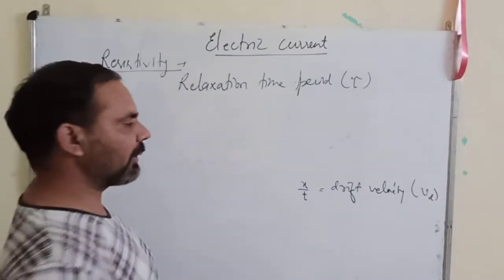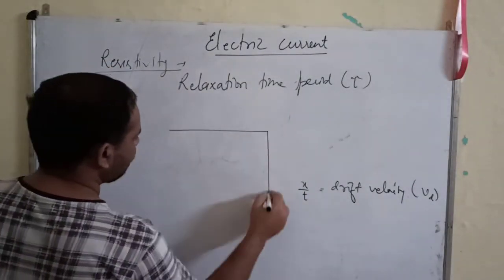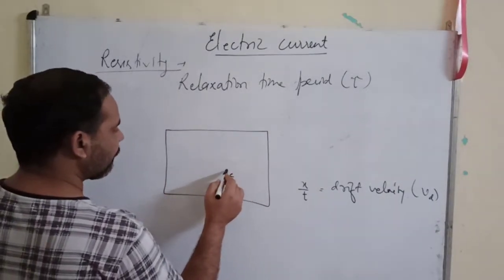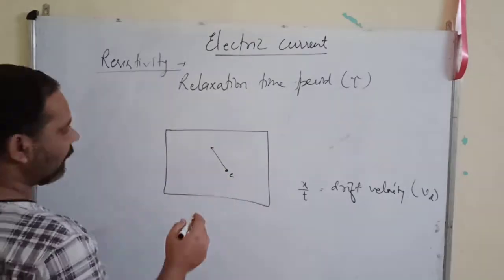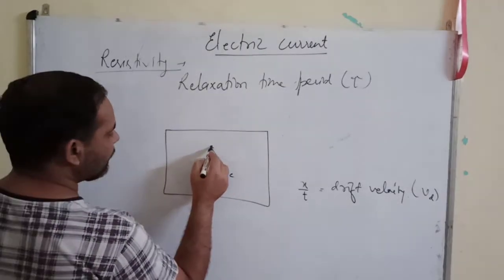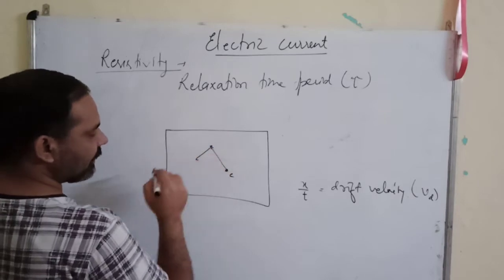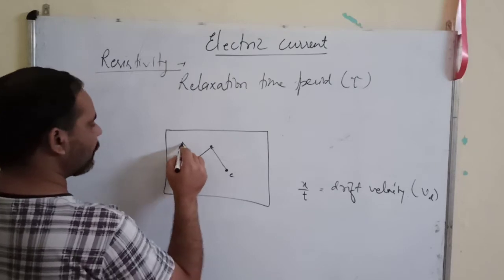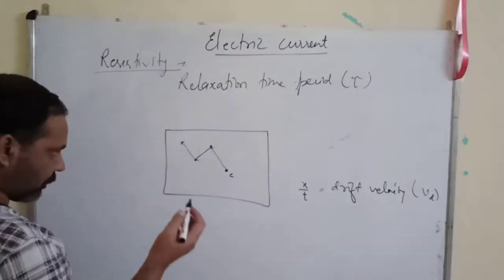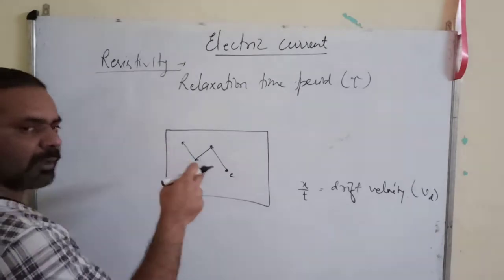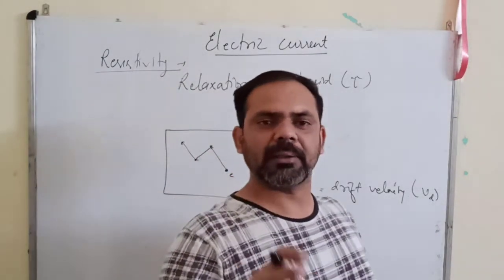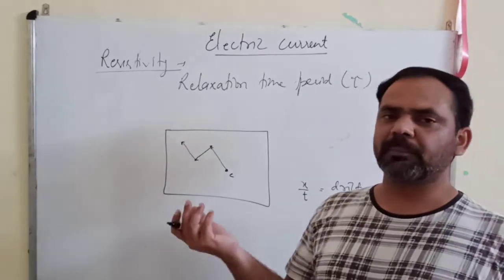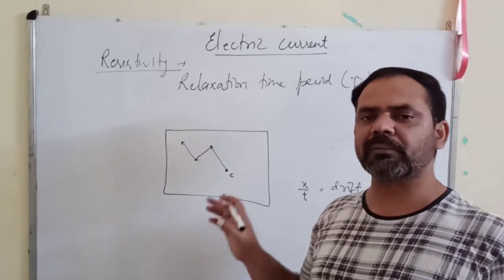Now, relaxation time period is like this: suppose this is your electron, it was moving like this, and after reaching this point it suffers a collision with another electron and starts moving this way. Then here it again suffers a collision and starts moving in some direction. So an electron travels on a straight path until it suffers a collision with some other electron or with an atom of the molecular arrangement of the conductor.